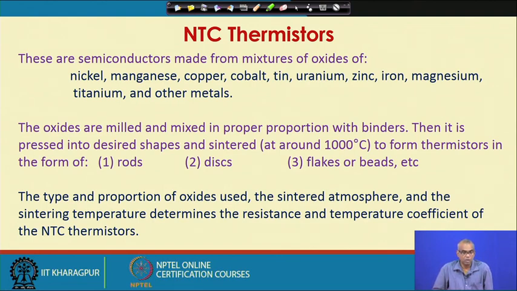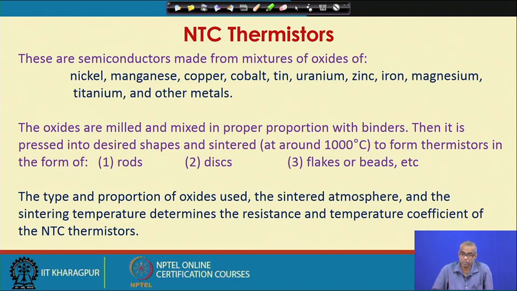Now, the NTC thermistors are made from semiconductor materials. So, NTC thermistors are basically semiconductors and they are made from mixtures of oxides of nickel, manganese, copper, cobalt, tin, uranium, zinc, iron, magnesium, titanium and other metals.